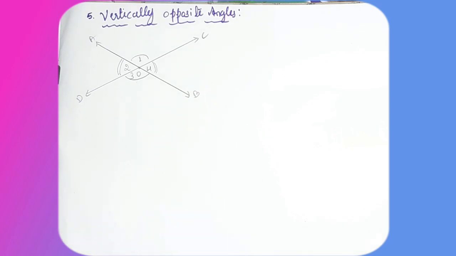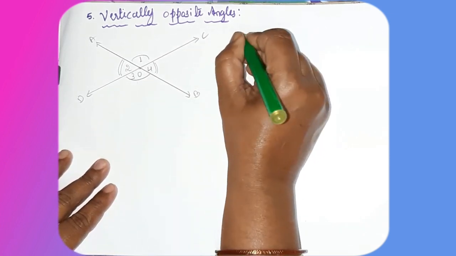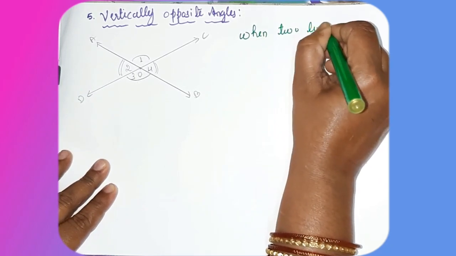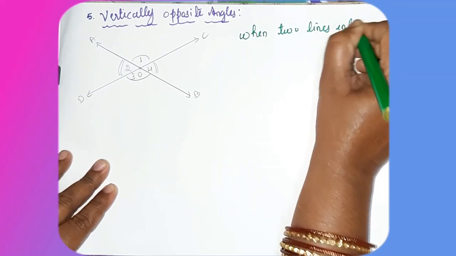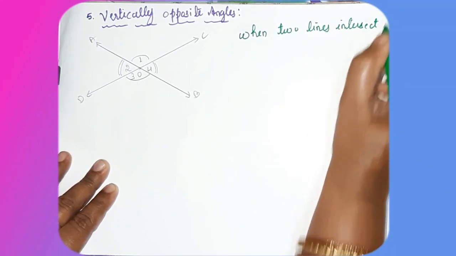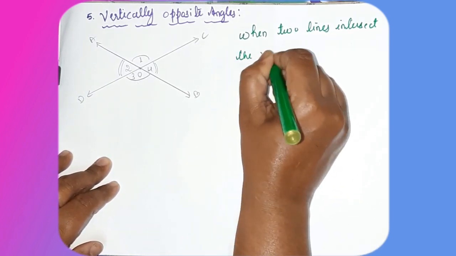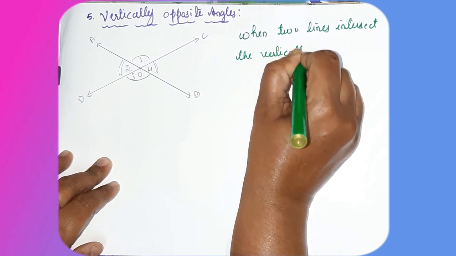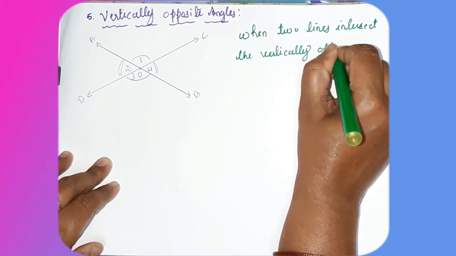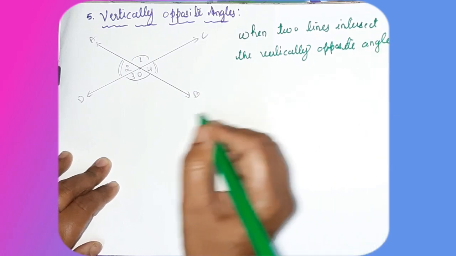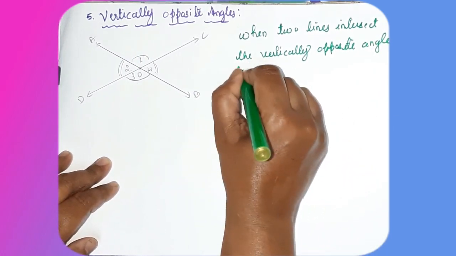So, we will write now the first definition. Then we can write which are the vertically opposite angles. When two lines intersect, the vertically opposite angles so formed are equal.